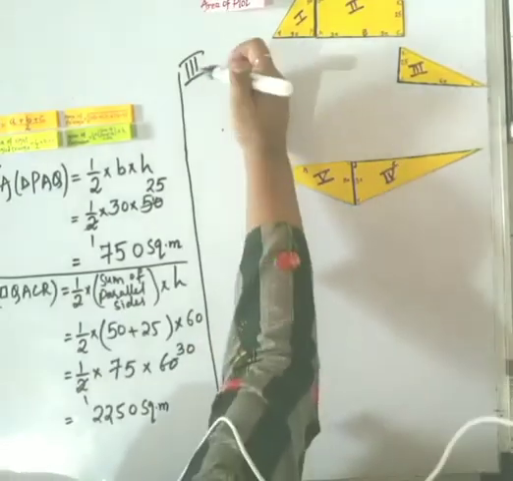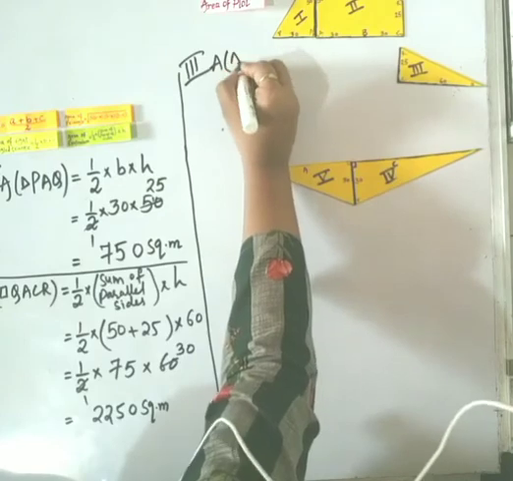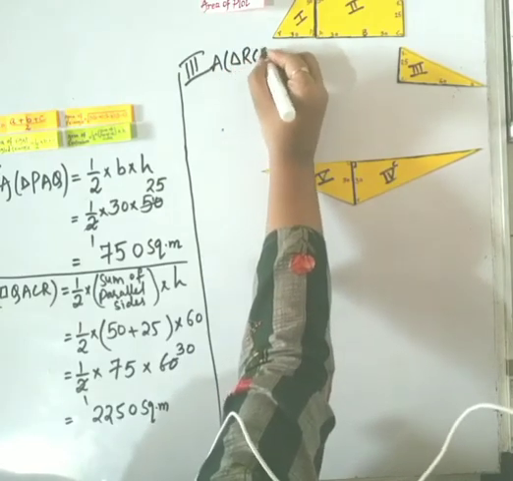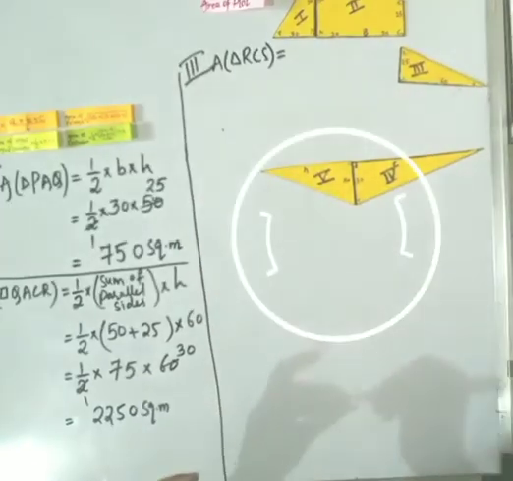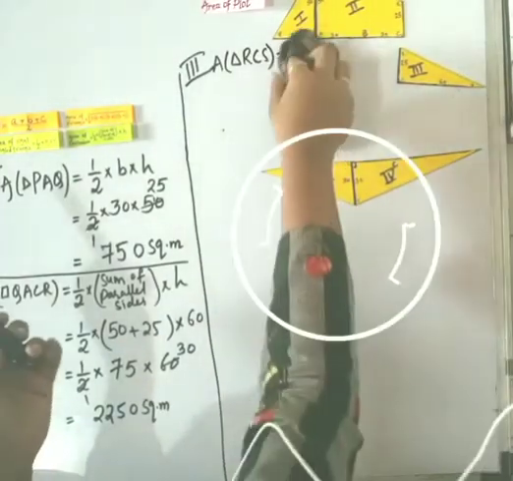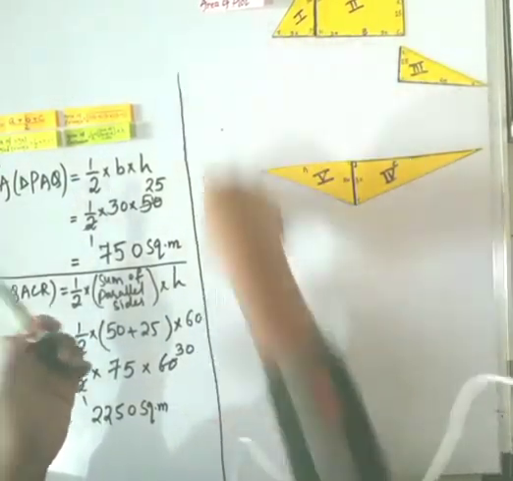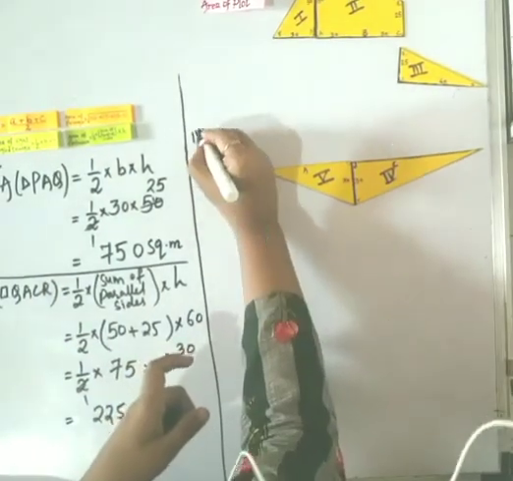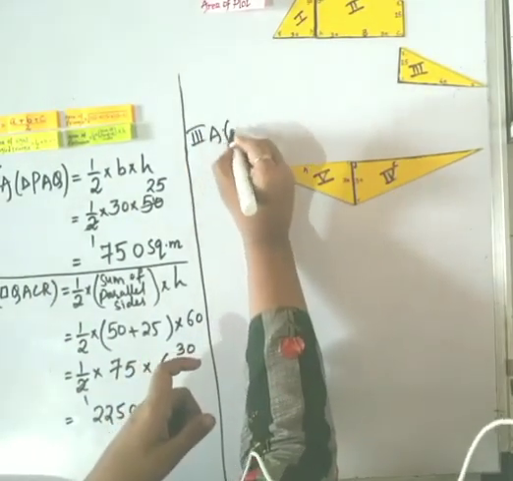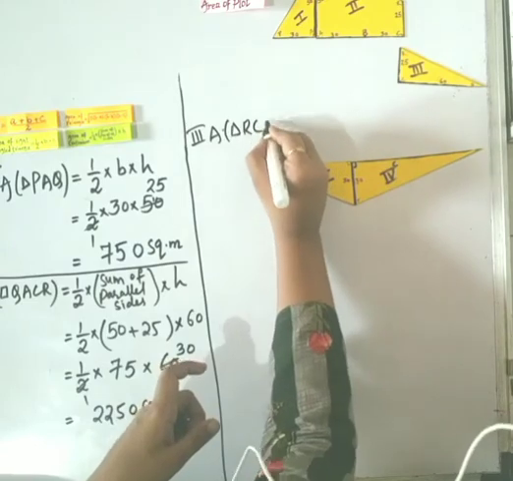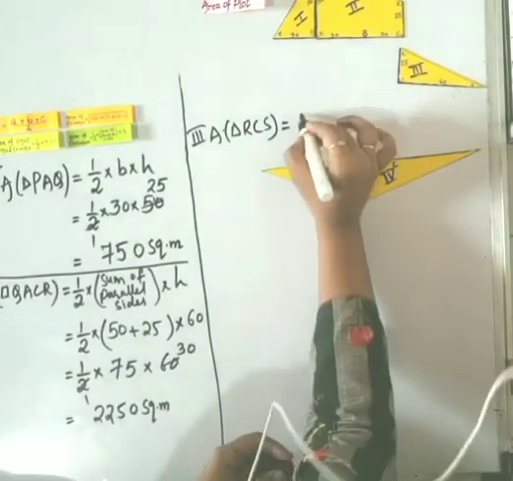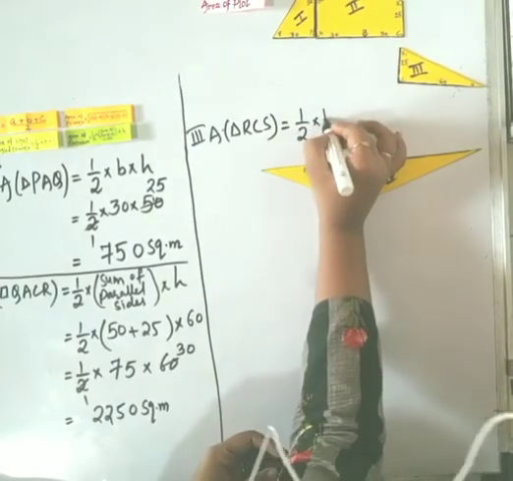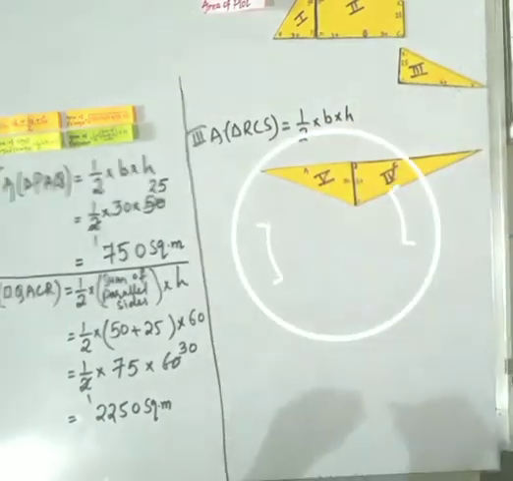RCS. Area of triangle RCS. Because it is a right angle triangle, let me write here down so that I'll get space. Area of triangle RCS is equal to 1/2 into base into height.